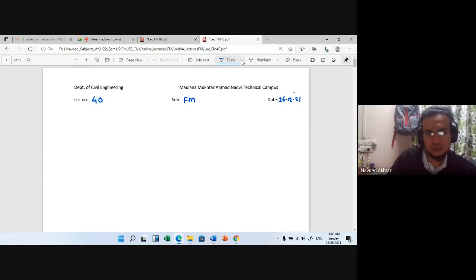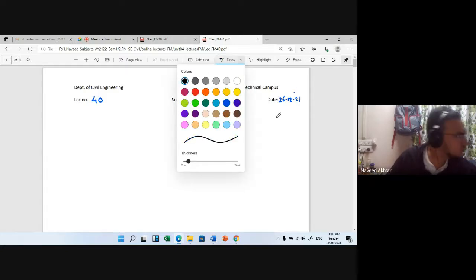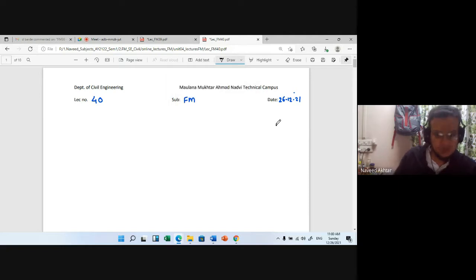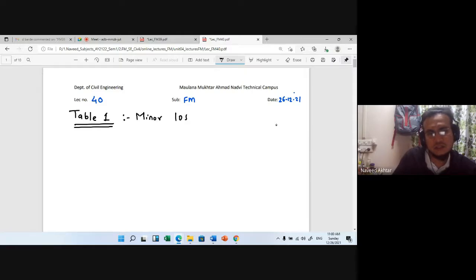So make this table first, Table 1, that is minor losses in pipe flow problem or pipeline. So what are these minor losses?